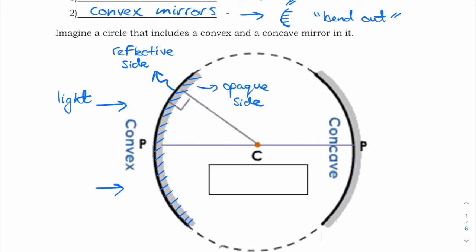Once again, the dark part of the line would represent the reflective side. And on the other side, we have the opaque side, which is again represented by that hashed line. I'll just sketch that next.